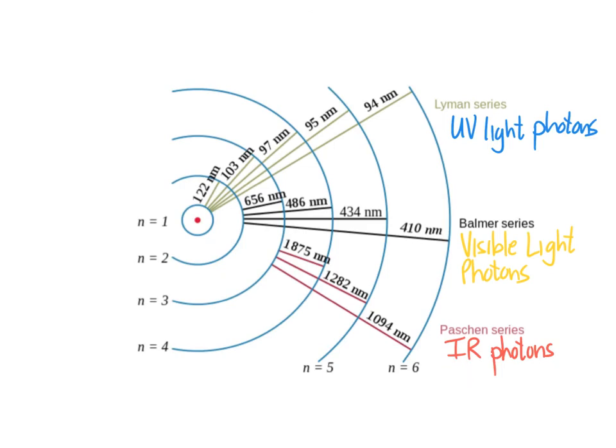So this is really a very nice visual representation of the different series of transitions that we find in an atom when an electron drops from a higher state, higher energy level, to a lower state, a lower energy level.